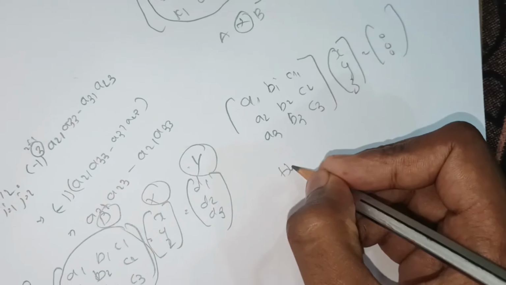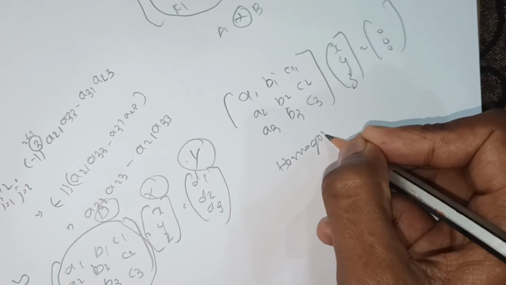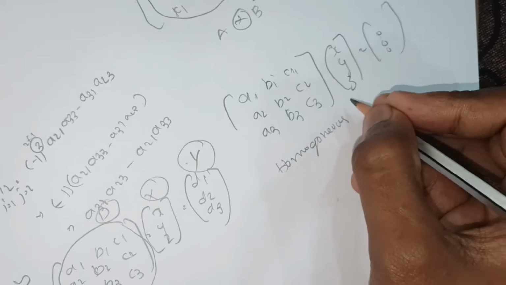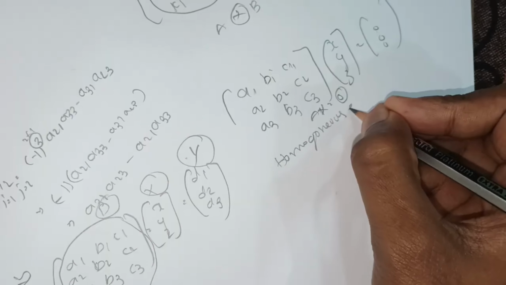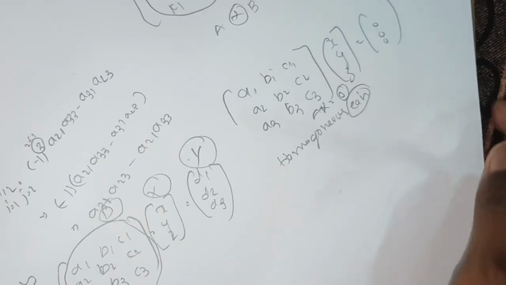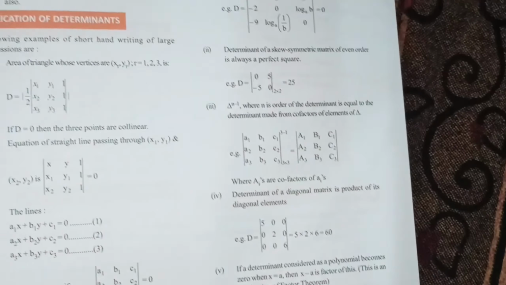This is said to be a homogeneous equation because it is in the form of Ax equal to 0. Ax equal to 0, so it is said to be a homogeneous equation. Non-homogeneous equations we will discuss next.